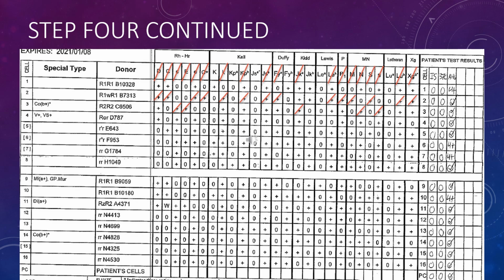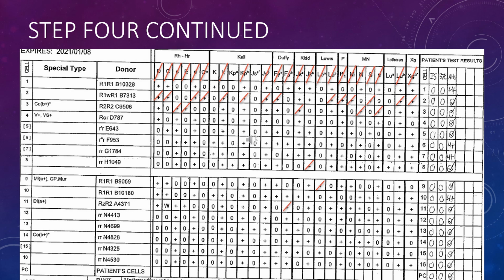It's JKB. You can rule out JKB on cell 8. On cell 9, look at it for a while. See if there's anything you can rule out. And then you can hit the spacebar and rule out Lewis A. It's LEA. All right, and then cell 10, can't use that one. 11, we can rule out Duffy B there. And then we're going to stop.